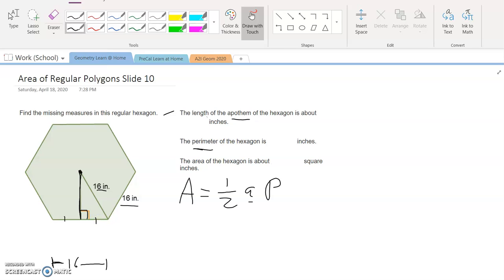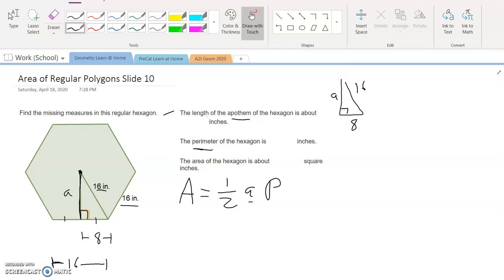So if the whole side is 16, that means half of it is going to be 8 inches. 8 inches right there. So it looks like I do know exactly 2 of these sides. I should be able to figure out the third side, the apothem here, using a right triangle. So I'm going to draw another one over here real quick and just solve for this piece that is labeled A. So that will be the apothem.